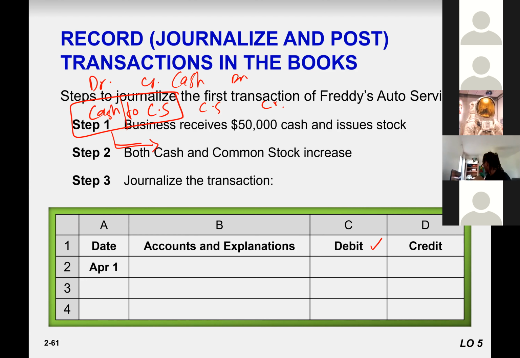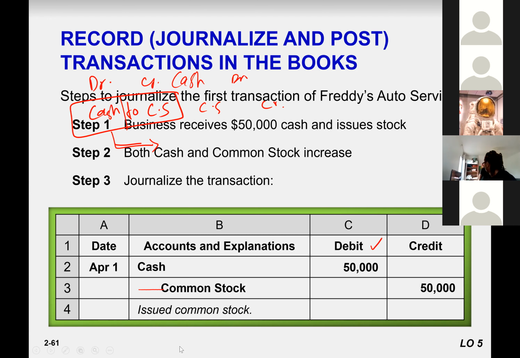So in the book, or in small businesses, this is also called memos. You just open up, there are like 4 columns. You can just write it down here like that. So here we go. So cash, and then on the next line you leave a space, and then common stock, right?